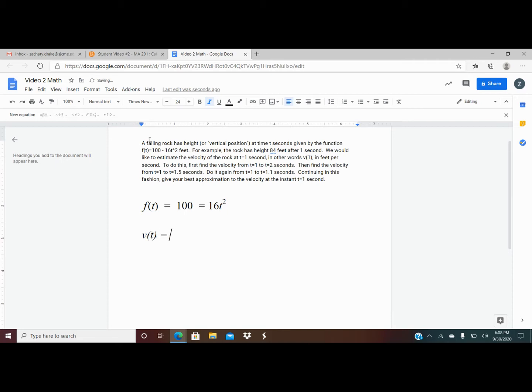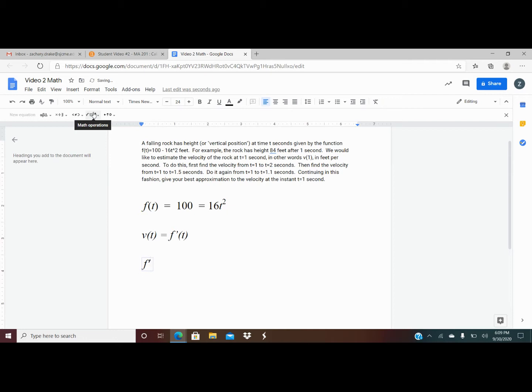What I've learned in calculus class is that velocity is basically the position prime, so we can establish that v of t equals f prime of t. And we're going to use an interesting method for that.